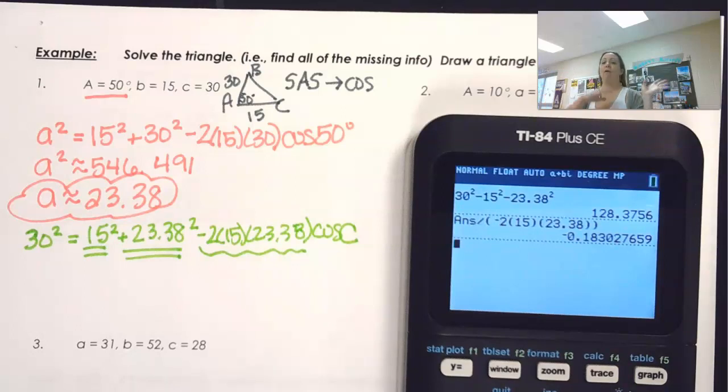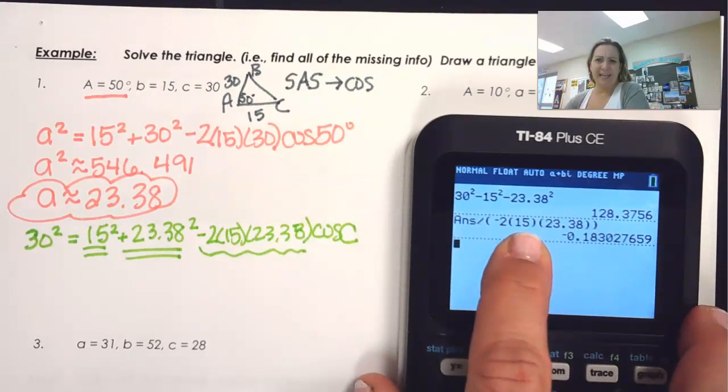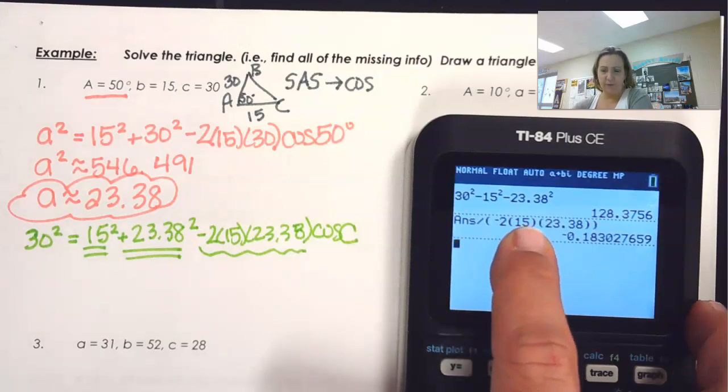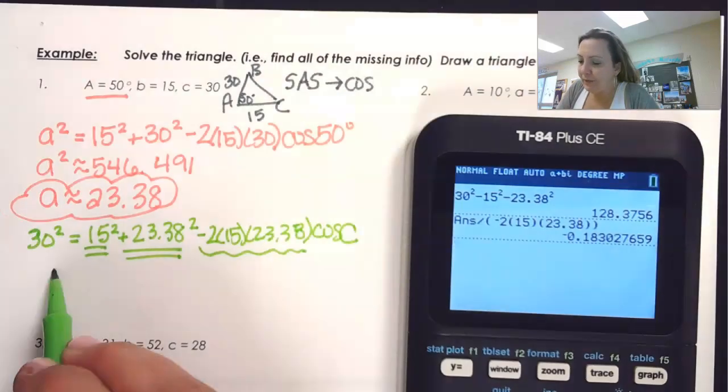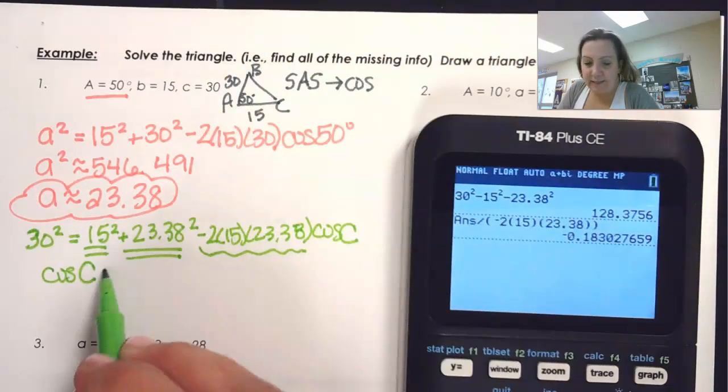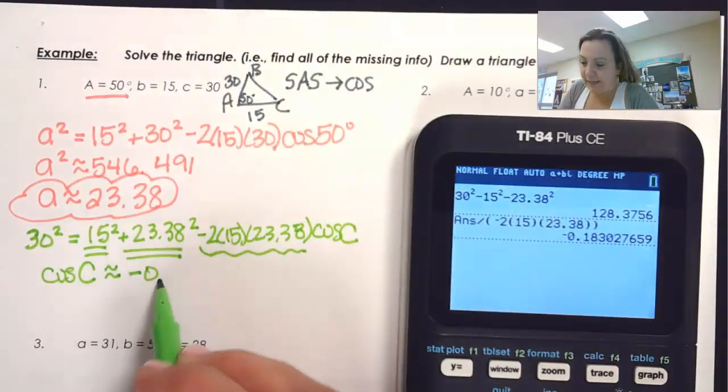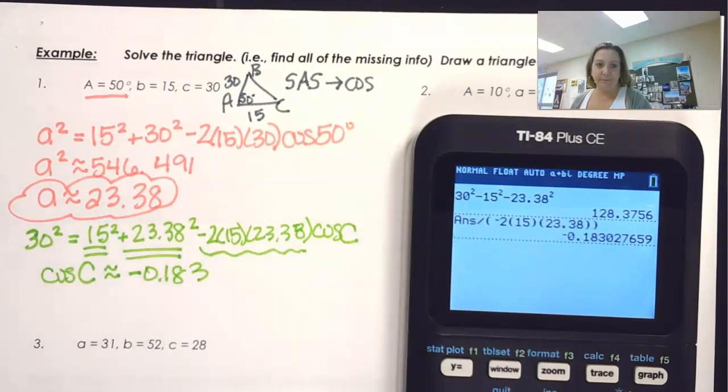But we want to divide by all of that stuff, so make sure you're cautious there. And you can use multiplication signs instead of parentheses right here. I'll do that in a different problem later. So essentially what we've done is we've said that the cosine of C equals -0.183.